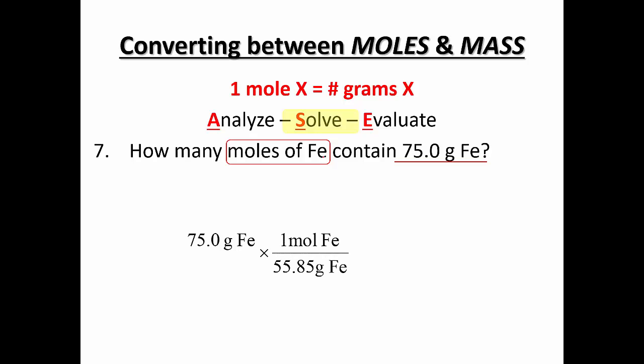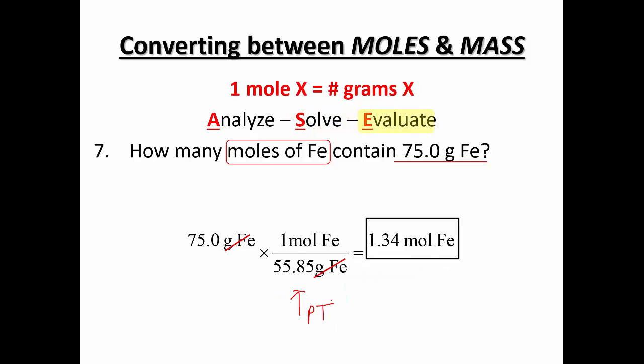This time using our periodic table, 55.85 grams over 1 mole, setting it up so our units can cancel. Grams cancels grams of iron, leaving us with moles of iron. 75 divided by 55.85, we end up with about 1.34 moles of iron in the end.